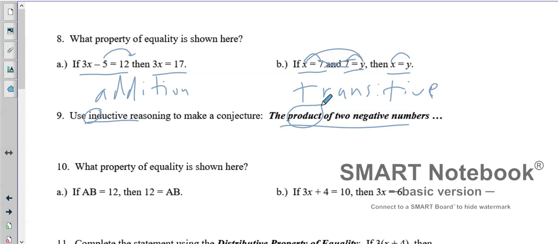But just take two numbers. -5 times -3. Oh, that's 15. -1 times -2. Oh, that's 2. -3 times -3. Oh, that's 9. What do these all have in common? Well, the product of two negative numbers is positive.